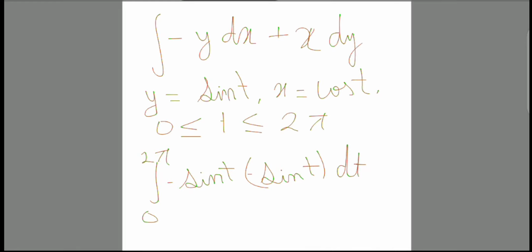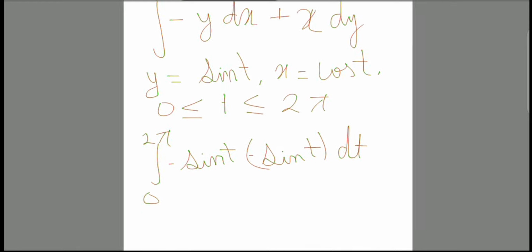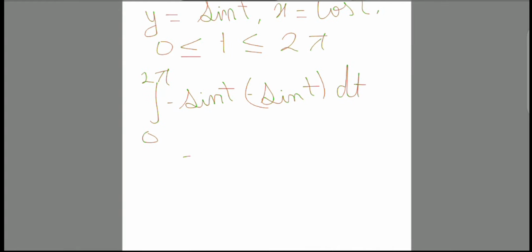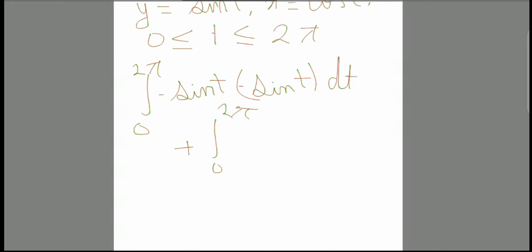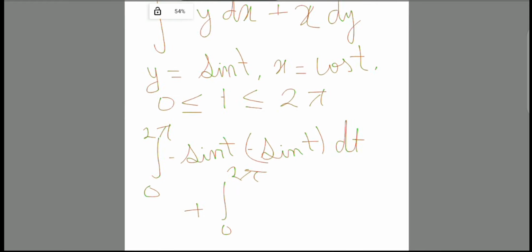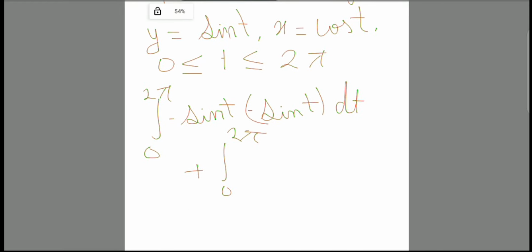What about the other integral, x dy? We have plus the integral from 0 to 2 pi of x dy. X is just cos t and y is sin t, so dy is d of sin t, which is cos t dt.